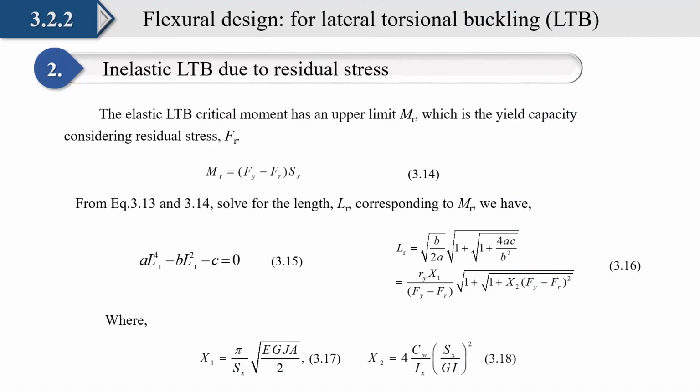From formulas 3.13 and 3.14, solve for the length L_R corresponding to M_R. We have the following expressions of 3.15 to 3.16, where the parameters X1 and X2 are expressed as formulas 3.17 to 3.18.